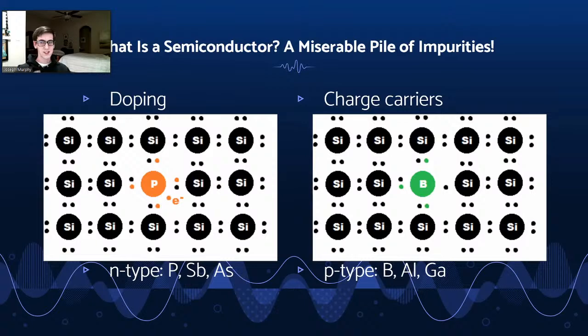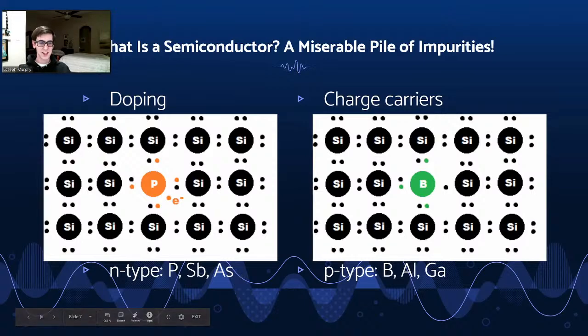Impure silicon with just a very small quantity of a dopant like phosphorus can increase the conductivity massively. And so it's very important that in the process of making electrical parts, we dope semiconductors to increase conductivity, which is generally desirable.